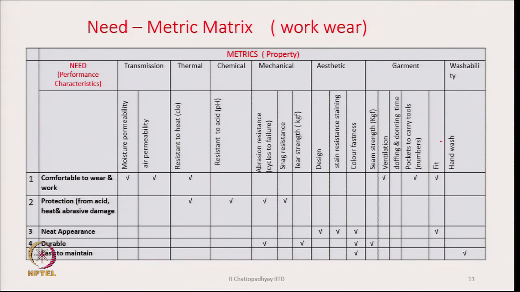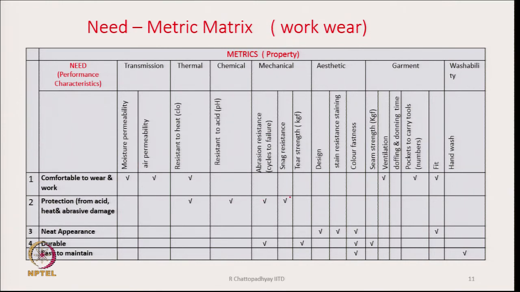If you take the second one, protection from acid or heat and abrasive damages, then what are the relevant things from the protection point of view? Resistance to heat, there is a tick. Resistance to acid, there is a tick. Abrasion resistance, which is a mechanical property, there is a tick.